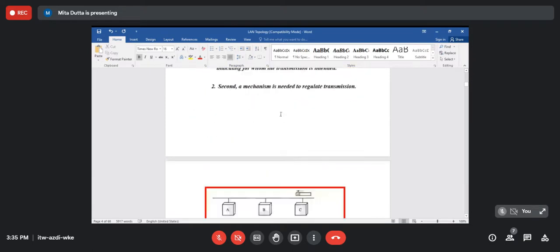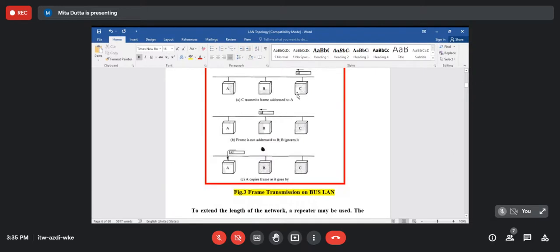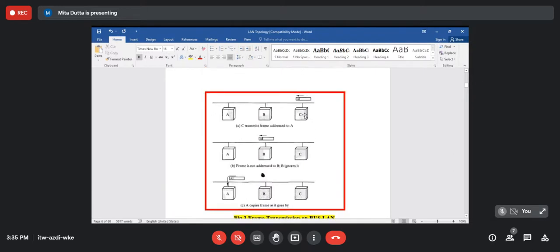Here in this figure, say C wants to send an information to A, and the address of A is mentioned in the data packet. But when it passes through B, since it is broadcast in nature, it will come to B.